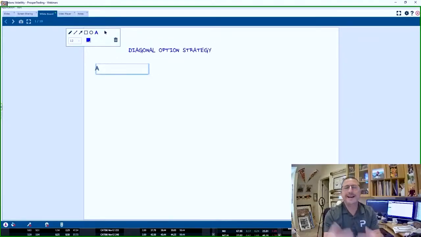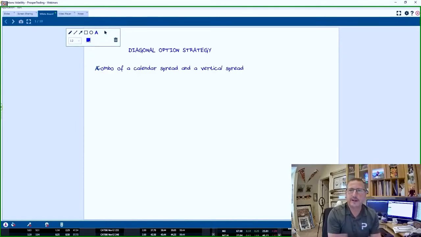Okay, so diagonals are really the combination of two things. It's a combo of a calendar spread and a vertical spread. For those of you that don't know what calendar spreads are, calendar is buying time.